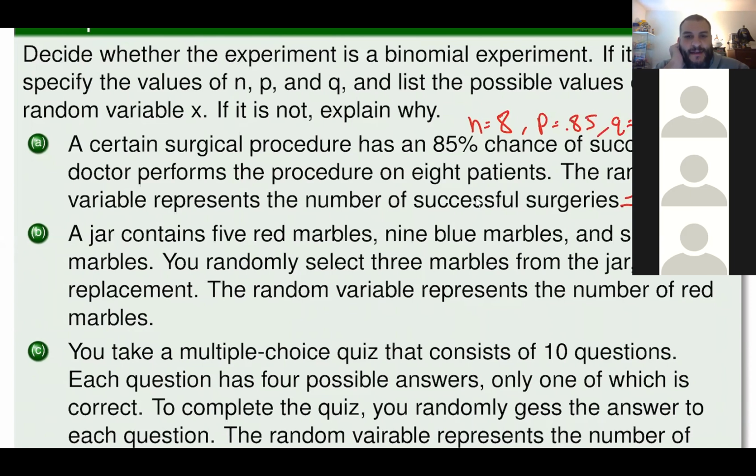So the last thing we have to check is to see if the events are independent. So say we have the first surgery, what are the chances that the first surgery is successful? Well, it should be 85%. So what about the second surgery? So now they're going to do the second surgery. Does that probability change or does it remain the same at 85%? So would it remain the same or does it change?